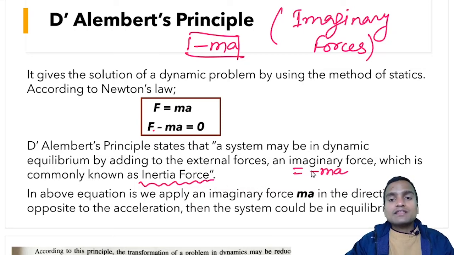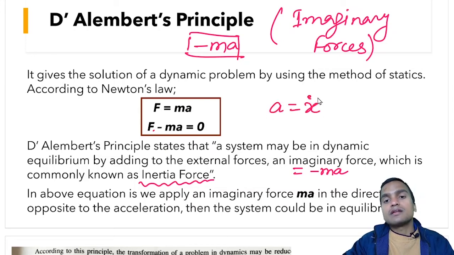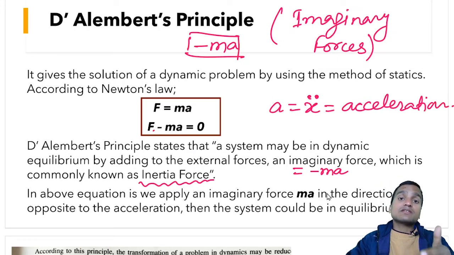So why this minus sign? I will explain. Here we apply an imaginary force ma, where a is the acceleration, and it can be written as x double dot here, no problem at all. If we apply ma in the direction opposite to the acceleration, that's why I am saying minus sign here, minus ma.